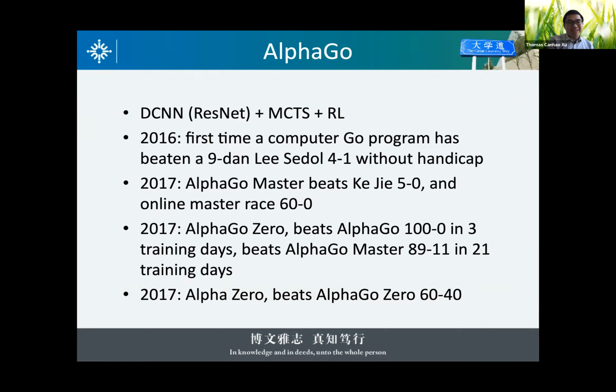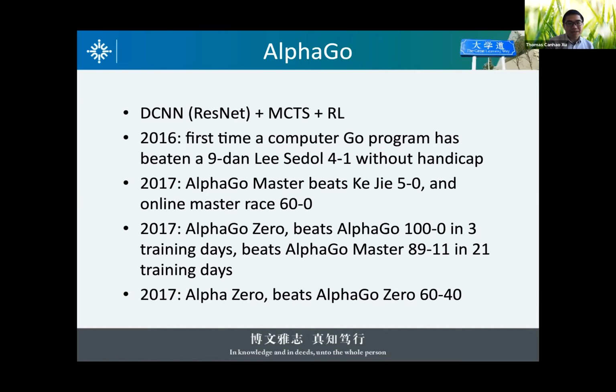We know that the algorithm is based on the deep convolutional neural network, or DCNN. Later on, they improved their algorithm based on the ResNet, or residual networks. Not only this, but they also combined Monte Carlo tree search, or MCTS, and reinforcement learning. Putting all together, they have AlphaGo, the backbone of the algorithm.